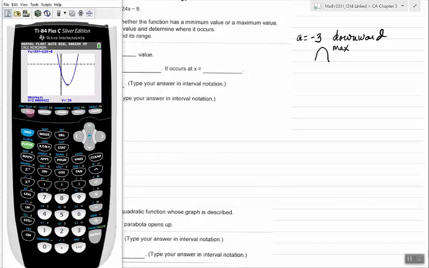All right, I'm going to go to y equals and type in negative 3 x squared plus 24x minus 9. All right, that's my function.